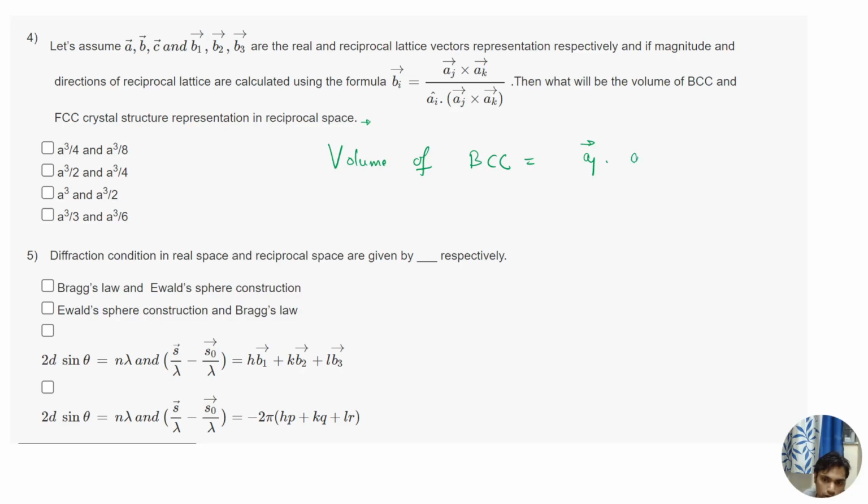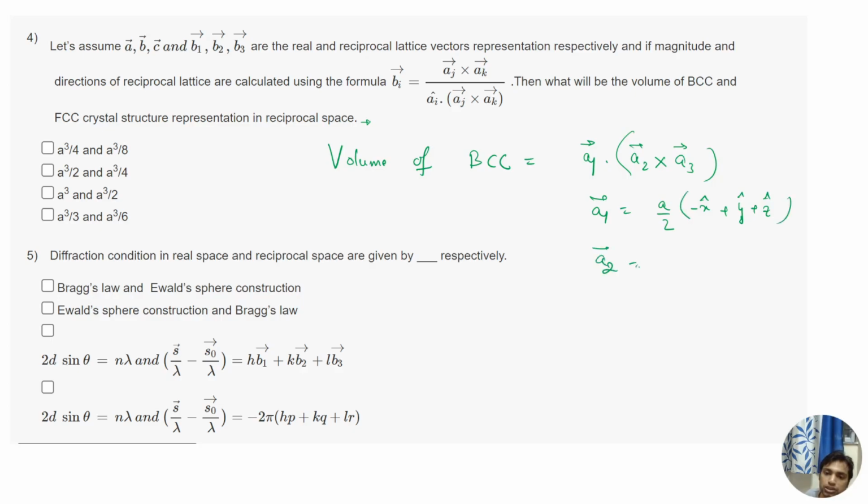BCC, this is given by A1 dot A2 cross A3, where A1 is given by, so for BCC A1 is given by a by 2 minus x cap plus y cap plus z cap.